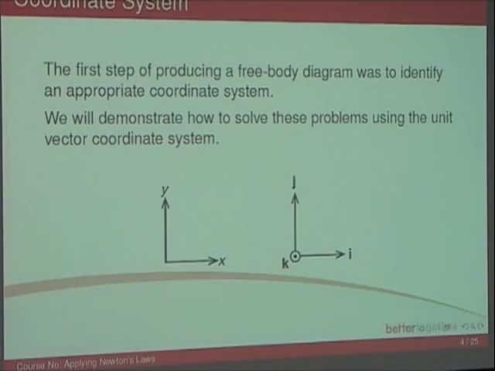In your exercises at the end of this section, there'll be times when you might want to use X and Y. There are also times when you might need to use two sets of coordinate systems. If you've got two blocks, each block needs its own coordinate system, and sometimes those coordinate systems aren't necessarily aligned with each other. But you'll come across that in the problems.